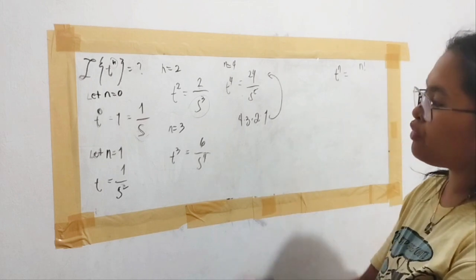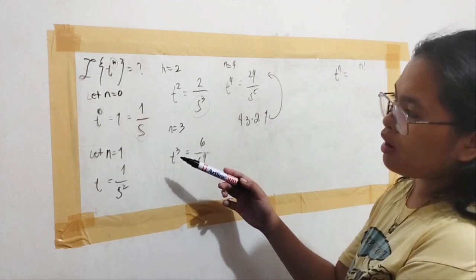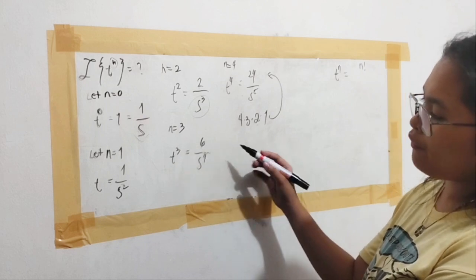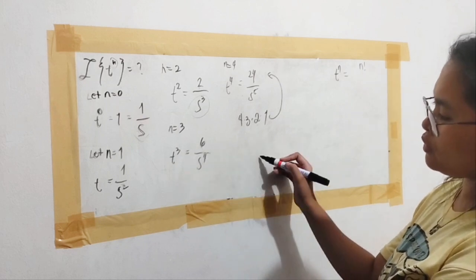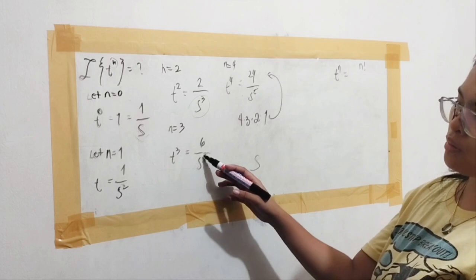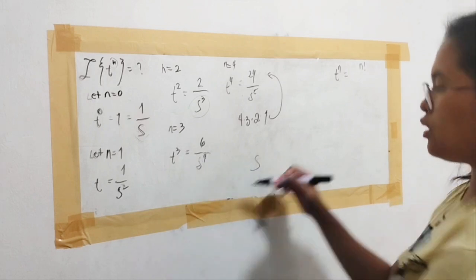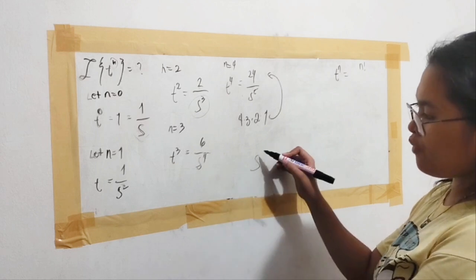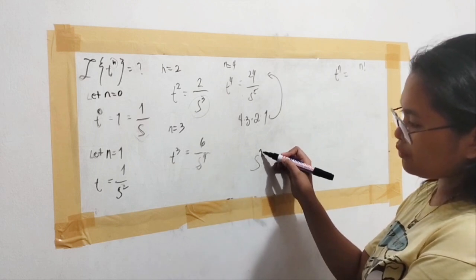So if you notice, since this is a variable, it will always have an invisible 1 here, right?